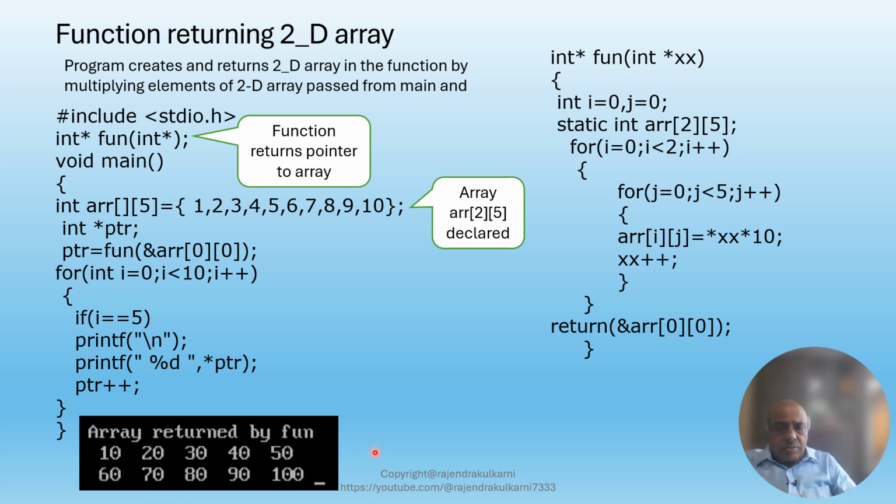And the screenshot of the output of the program is here, array returned by fun. So in this way the function returns a 2D array.